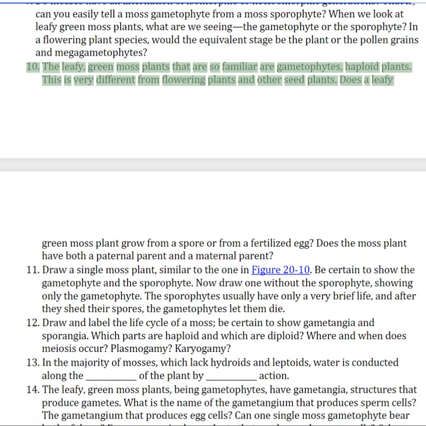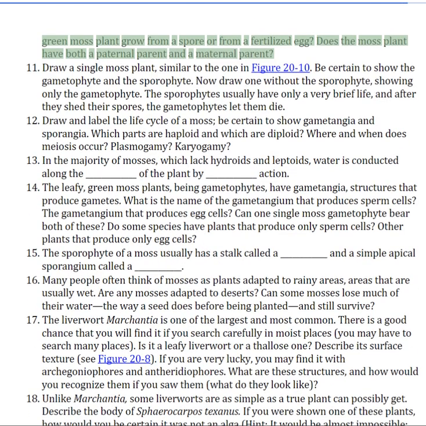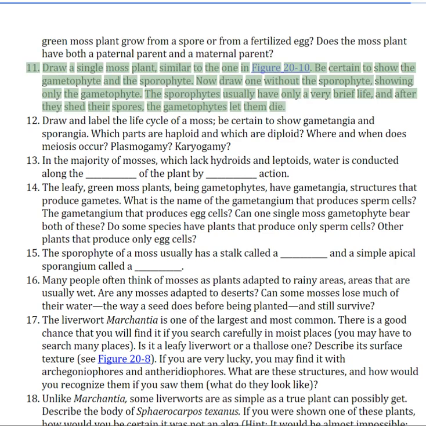10. The leafy, green moss plants that are so familiar are gametophytes, haploid plants. This is very different from flowering plants and other seed plants. Does a leafy green moss plant grow from a spore or from a fertilized egg? Does the moss plant have both a paternal parent and a maternal parent? 11. Draw a single moss plant, similar to the one in Figure 20.10.